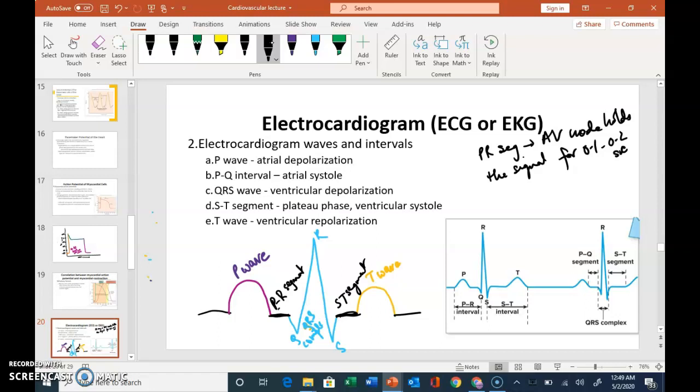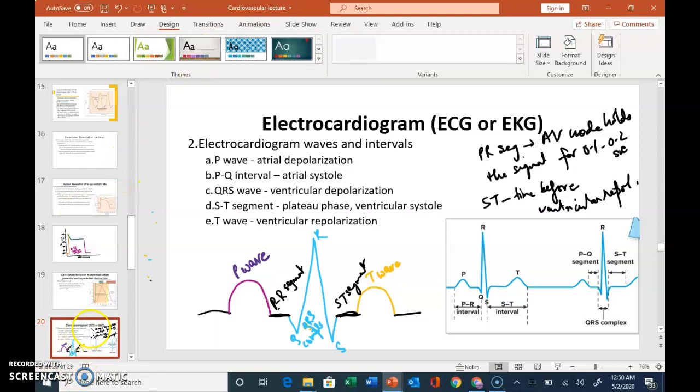So this is a time when the ventricles have already undergone systole and it's just waiting for repolarization. So the ST segment represents the time before ventricular repolarization. All right, you must know this for the exam.